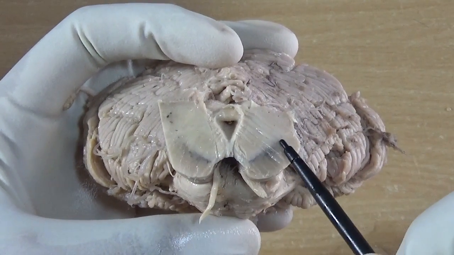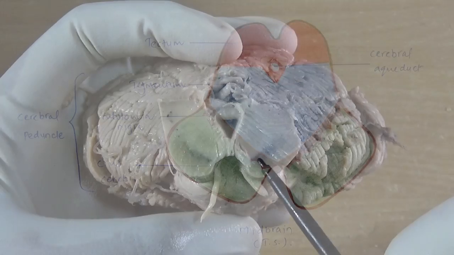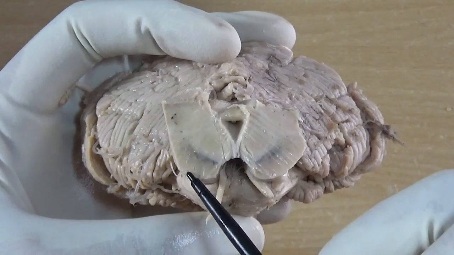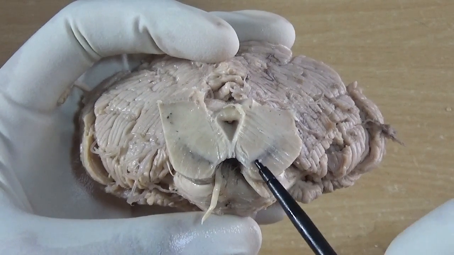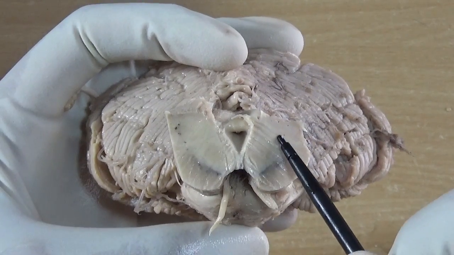So this substantia nigra divides each cerebral peduncle into the tegmentum, the substantia nigra itself, and the crus cerebri. So these two are crus cerebri or crura cerebri. See this, this is the substantia nigra and this is the tegmentum.